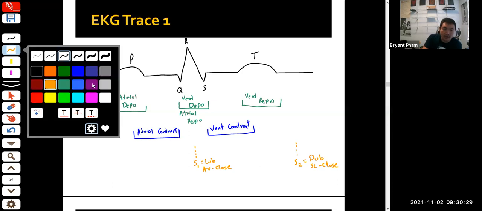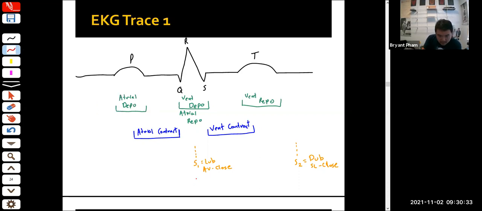So last part then, because I've totally screwed up my colors. To the left of S1, which stage of the cardiac cycle am I in? Notice there's a hint for you.